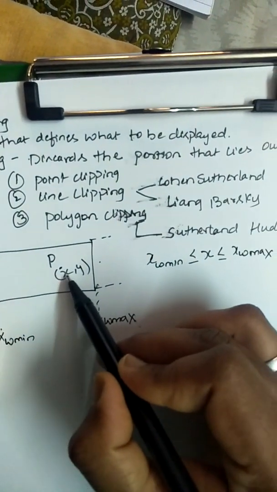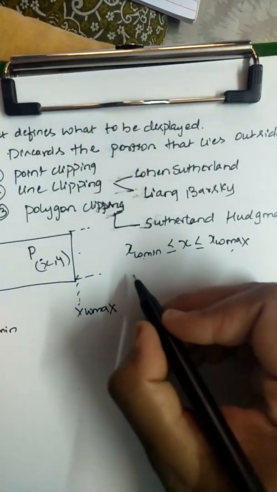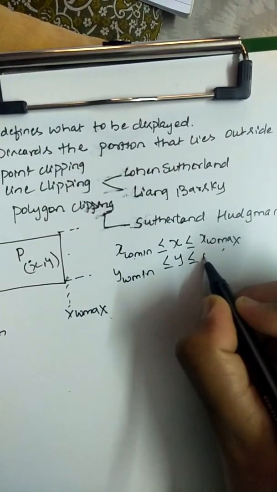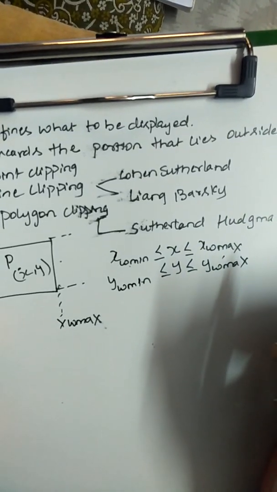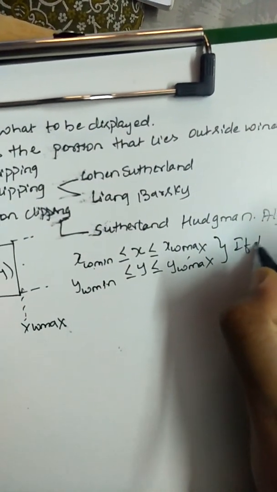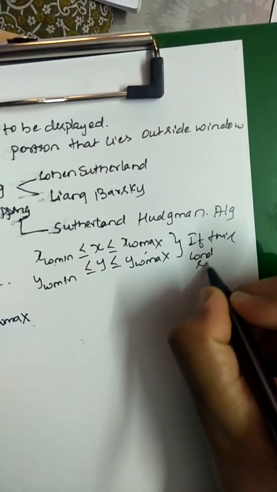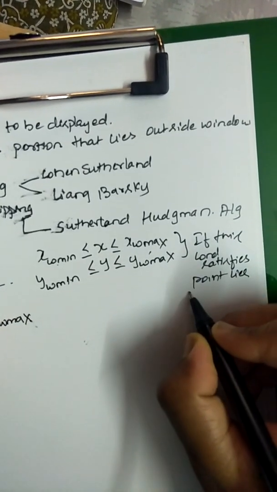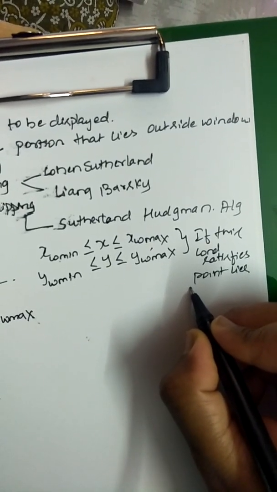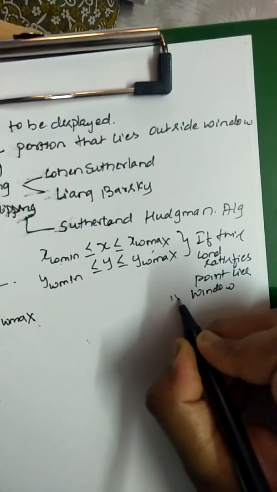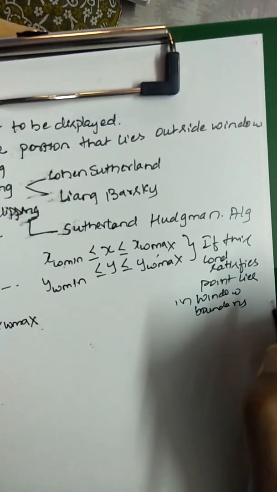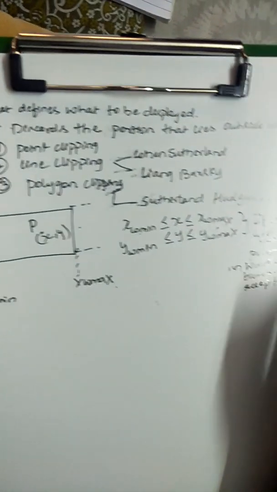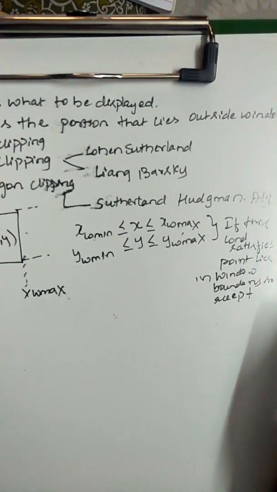If the coordinate x is lying between xw min and xw max, and the y coordinate is lying between yw min and yw max, then this condition is satisfied, and the point lies in the window boundary or within the window, so accept the point. If not, we may reject the point.